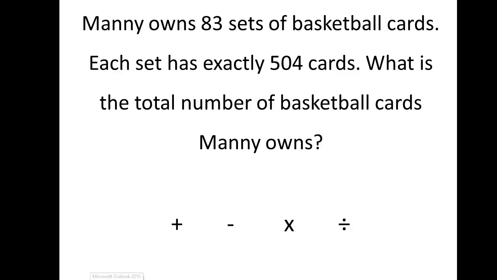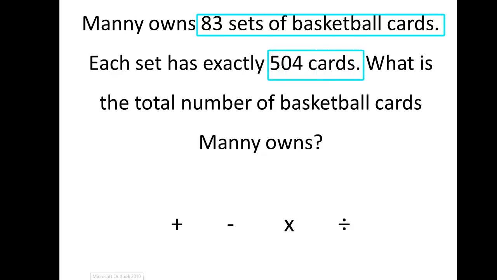All right, so first thing I'm noticing is Manny has 83 sets of basketball cards, and then he has 504 cards in each of those sets. Another important phrase we want to make sure we highlight is each set, and also that it has exactly 504 cards.